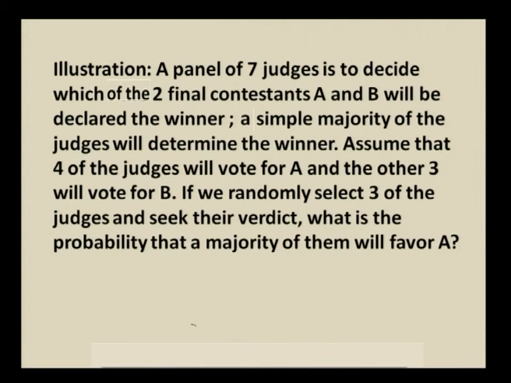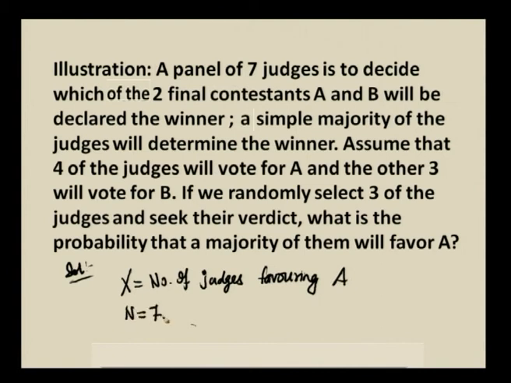If we randomly select 3 of the judges and seek their verdict, what is the probability that a majority of them will favor A? Okay. So, we have to fix the values first. X represents the number of judges favoring A, and the total number of judges is 7, so capital N is equal to 7.